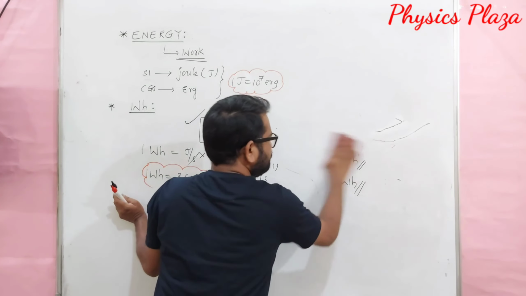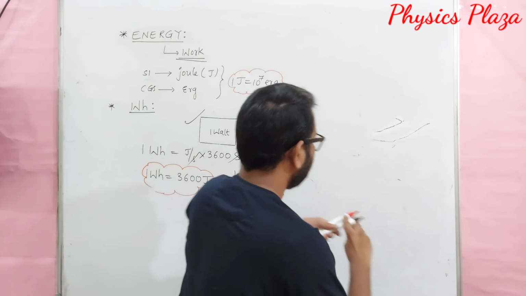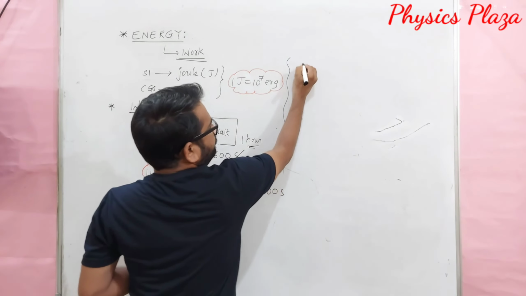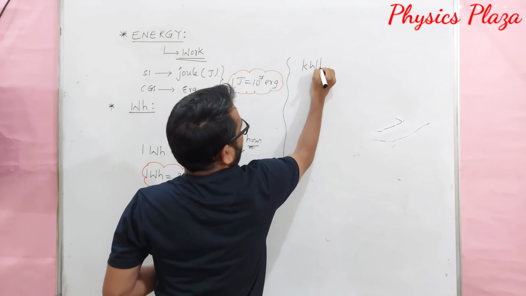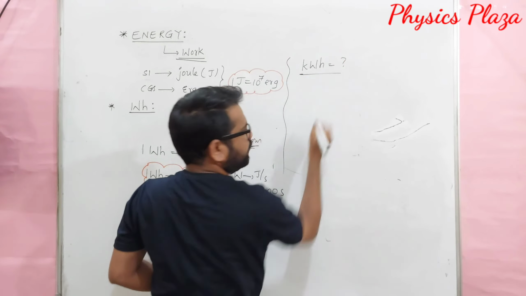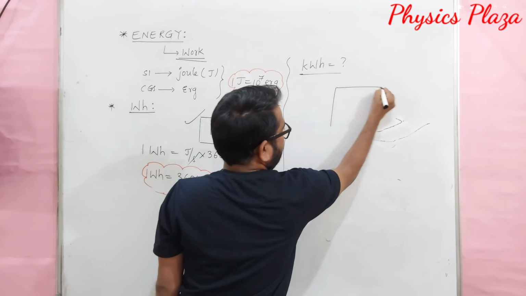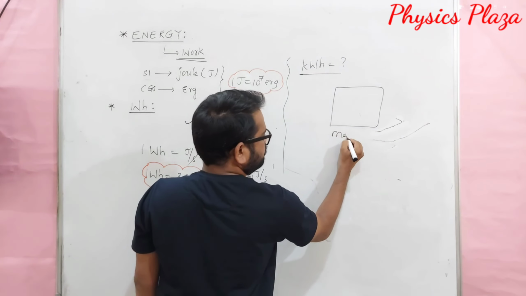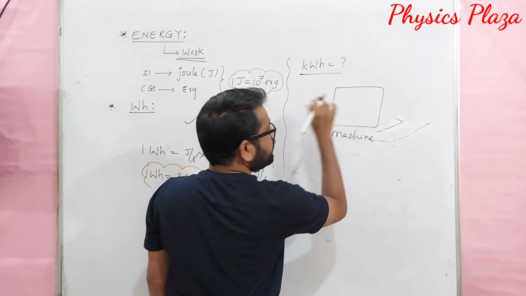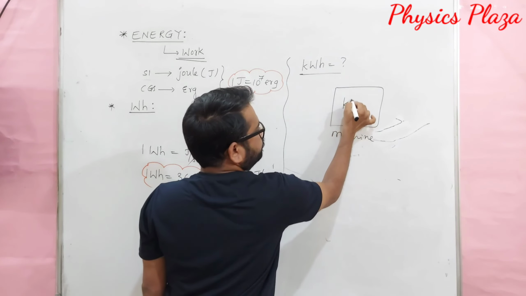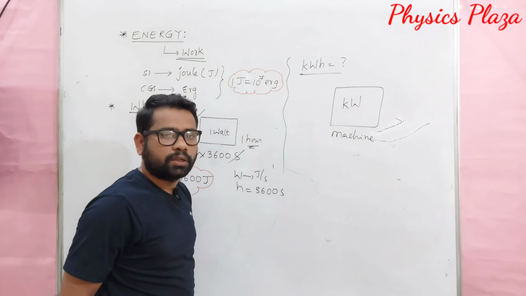What is kilowatt hour? Very simple, children. How can we define it? Let us assume a machine. Its power is 1 kilowatt.